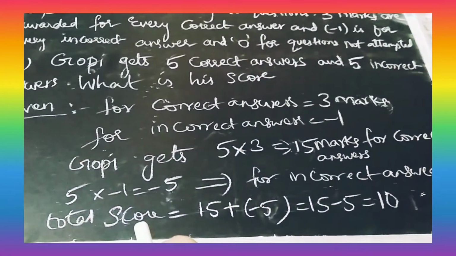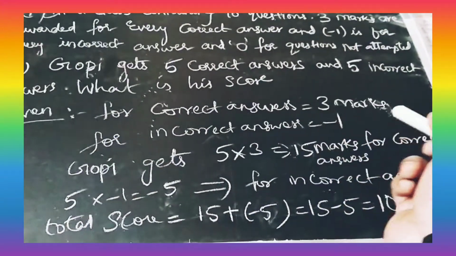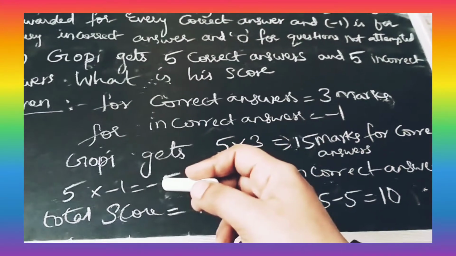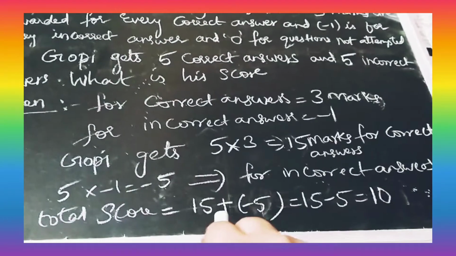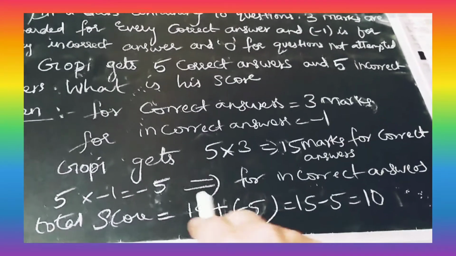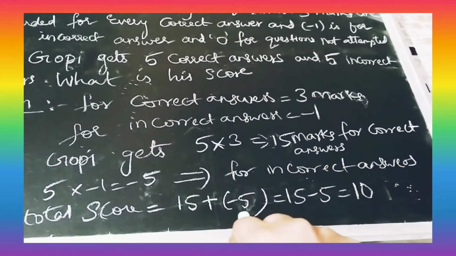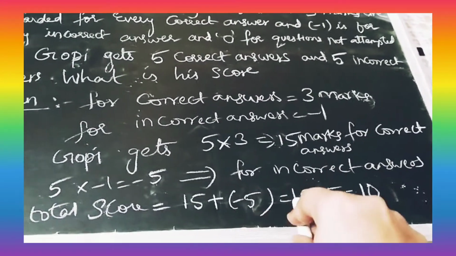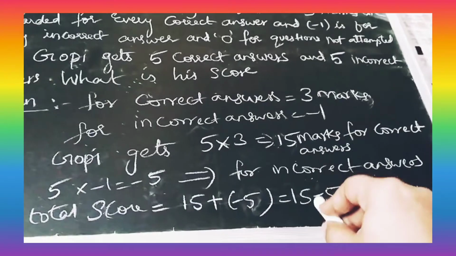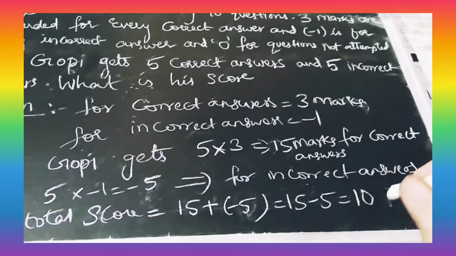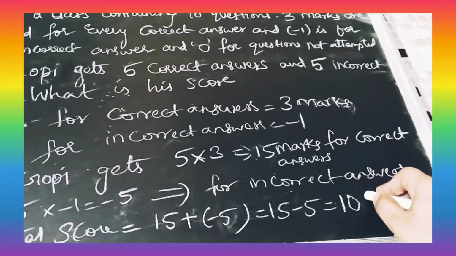What is the total score of Gopi? We have to add this 15 with this minus 5. 15 plus of minus 5, so this minus 5 you write in brackets. 15 plus into minus is minus 5. What is 15 minus 5? It is 10.